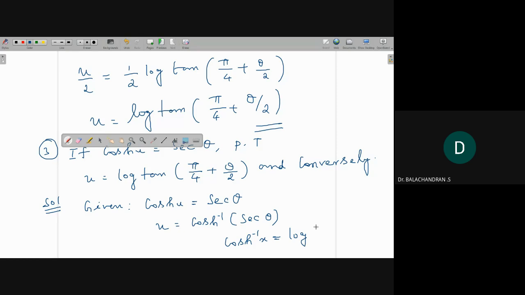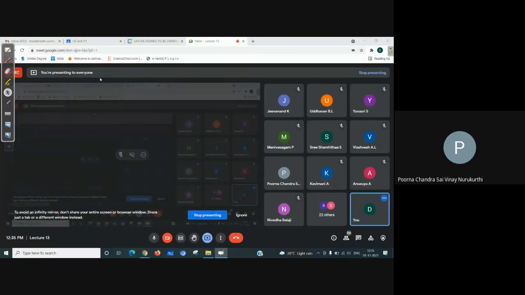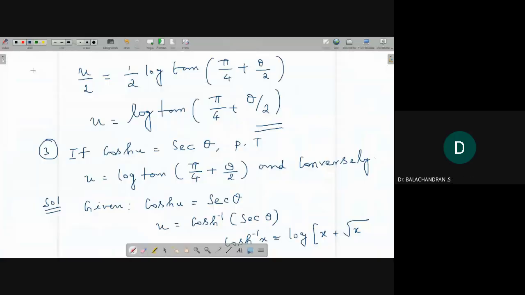Yes. Now instead of x, you have secant theta.